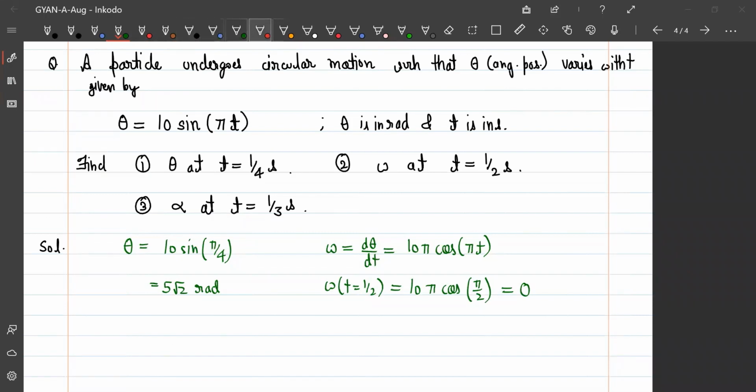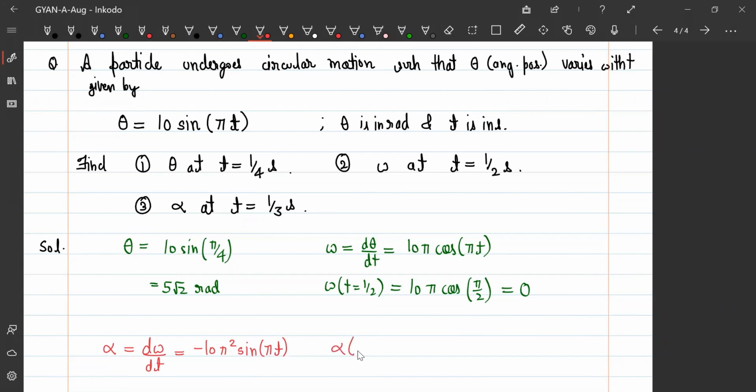अच्छा, then tell me alpha. Alpha क्या लिख सकते हैं? After differentiation, minus 10 pi square sine pi t.